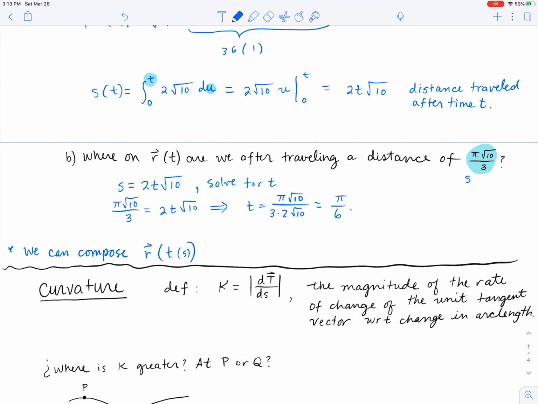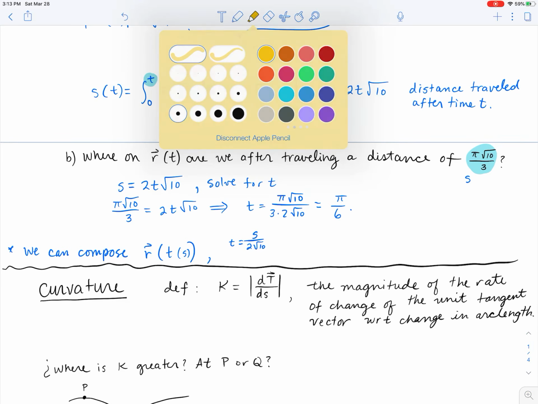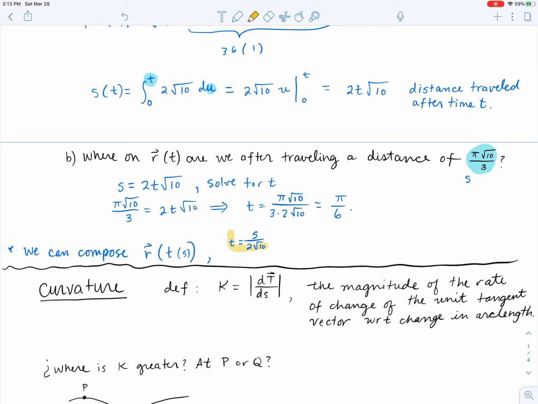So we have t is s over 2 root 10. And that one right there is equivalent to this. I'm getting this from here, just solving that for t.